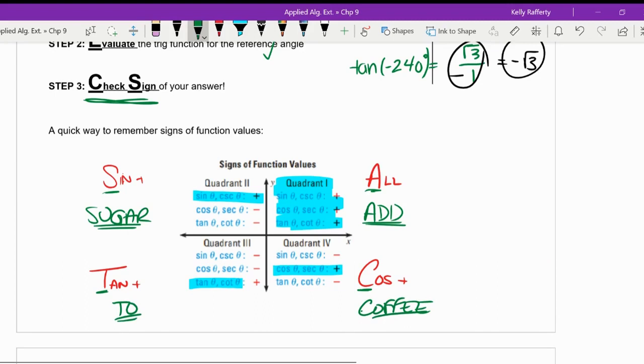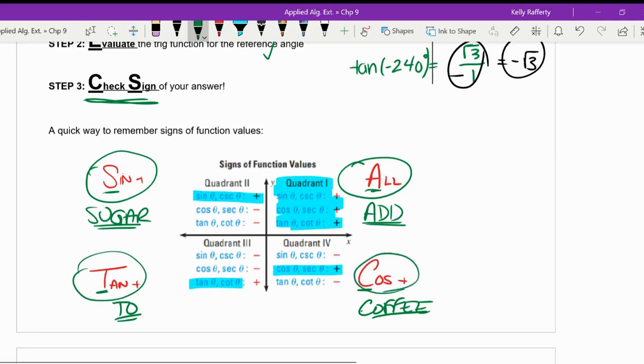This will tell you what is positive in which quadrant. So quadrant 1, all are positive. Quadrant 2, add sugar, sine is positive. Quadrant 3, to, tangent is positive. Quadrant 4, coffee, cosine is positive.